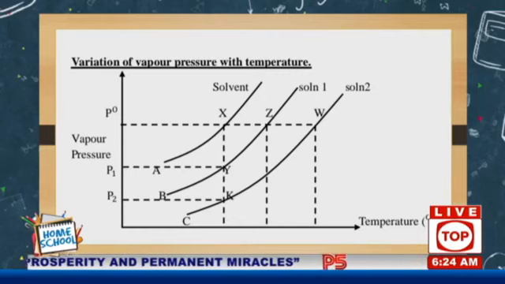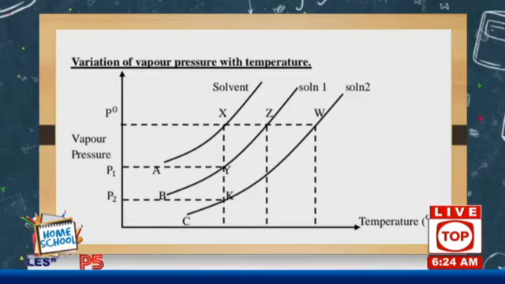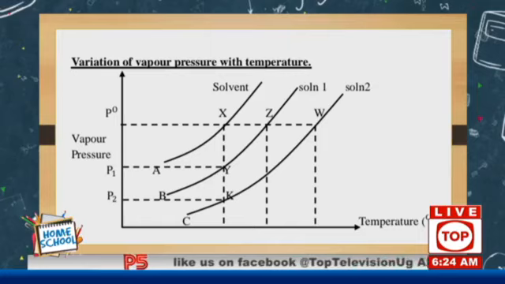Then XY is the change in vapor pressure for solution 1, and XK is the change in vapor pressure for solution 2. Let us look at slide 18 and see how that is summarized. Okay? Slide 18.